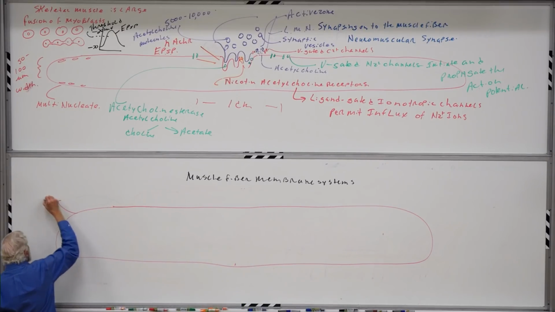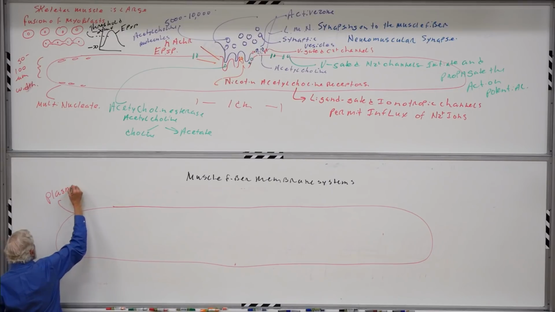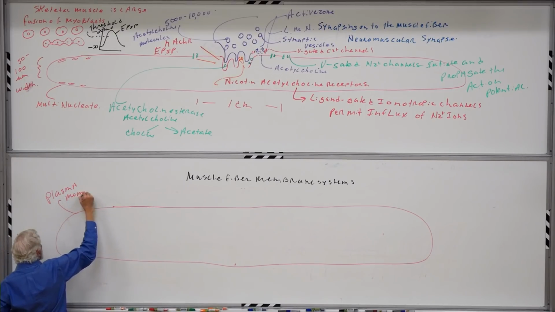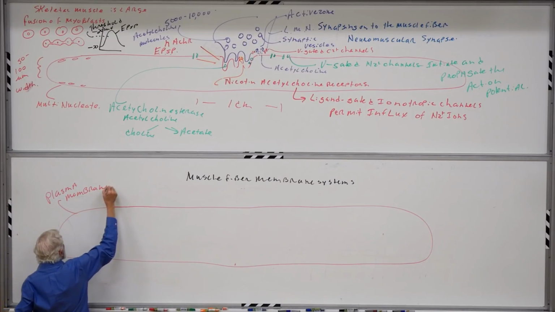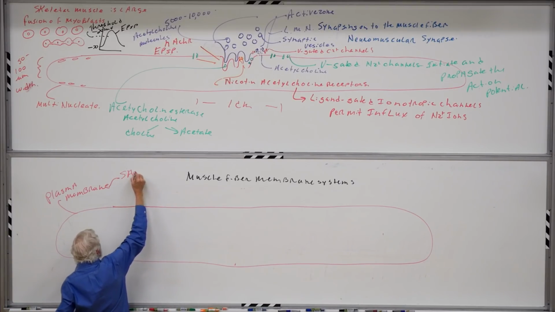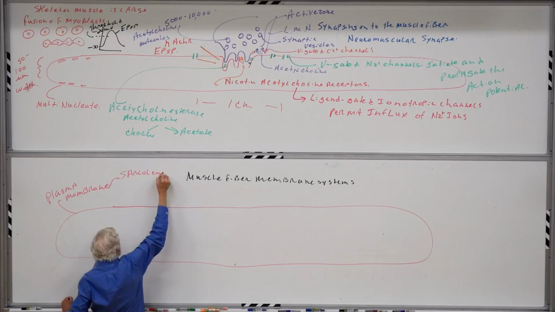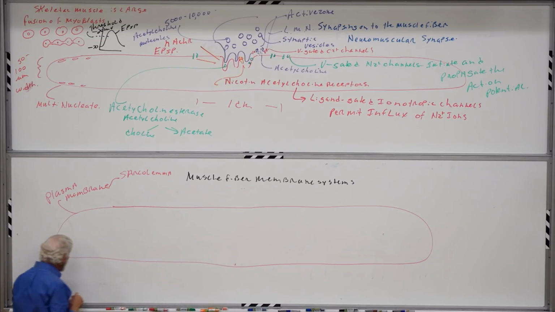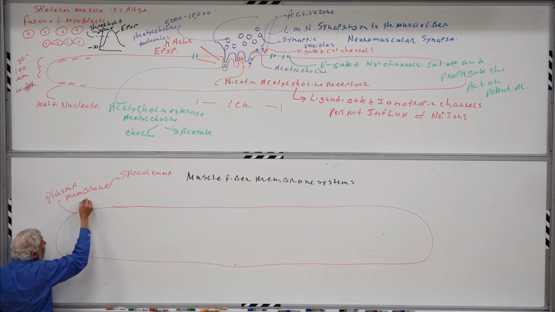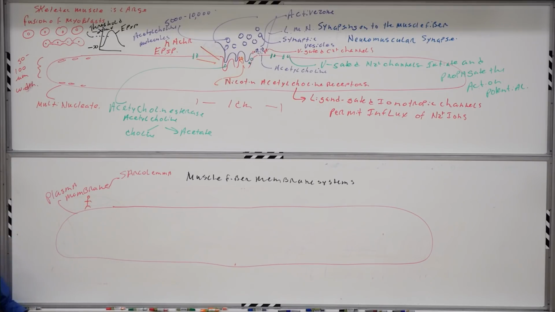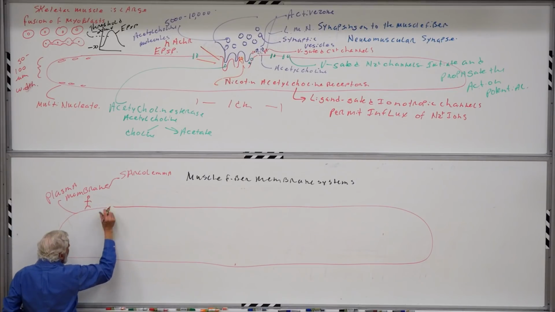This is the plasma membrane. In muscle cells, the plasma membrane has a name. It's called the sarcolemma. Now, if we were to stand on this muscle fiber and take a walk, we wouldn't walk very far until we'd find this great pit.